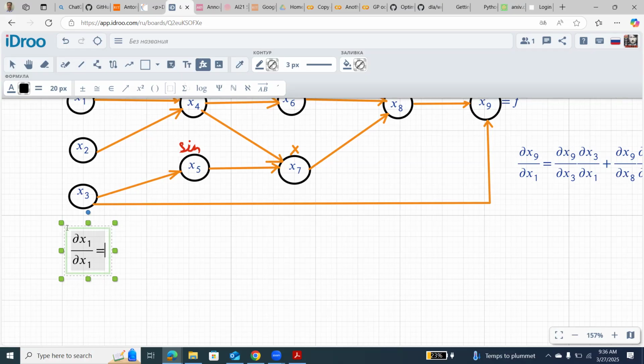So what is the derivative of x1 by x1? 1. What is the derivative of x2 with respect to x1? Now we take derivatives only with respect to x1.